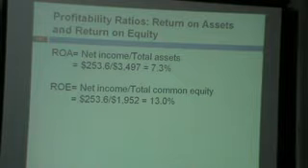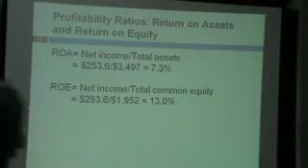As far as return on equity, equity is your shareholder share capital. So how much net income as compared to your total common equity? Net income again is 253.6, whereas the common equity is 1,952. Return on equity is 13%.